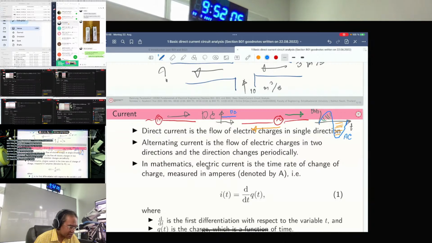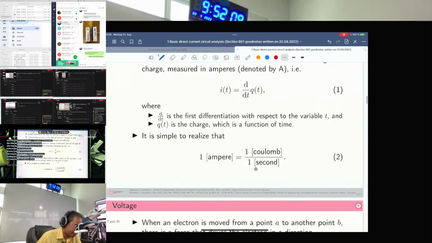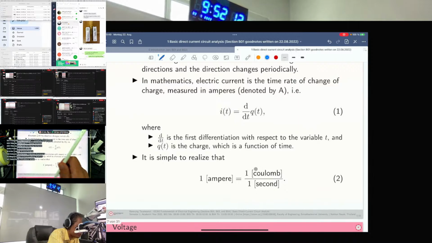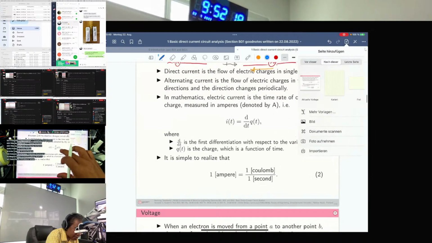Ampere is the person who observed the charge flow rate. Okay, it means he observed something like this.